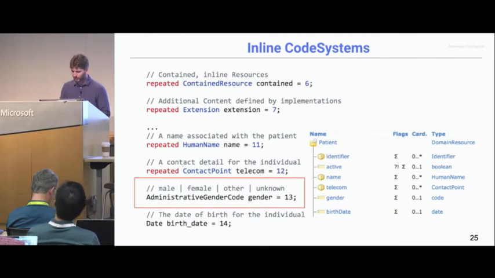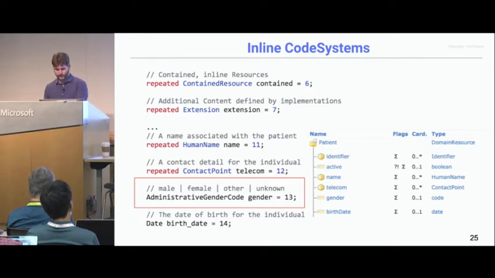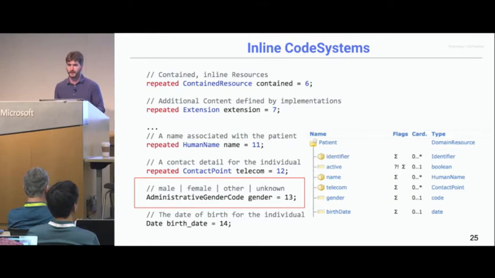So, for example, let's take a look back at our patient resource. If you look at the spec on the right here, we see that gender is defined as a code. And if you're familiar with your FHIR spec, you know that code is basically a fancy word for string, because in the JSON itself, it's stored as a string. But there's a little bit more to it than that, because it has a strict binding, a required binding that says that this code has to come from this code system.